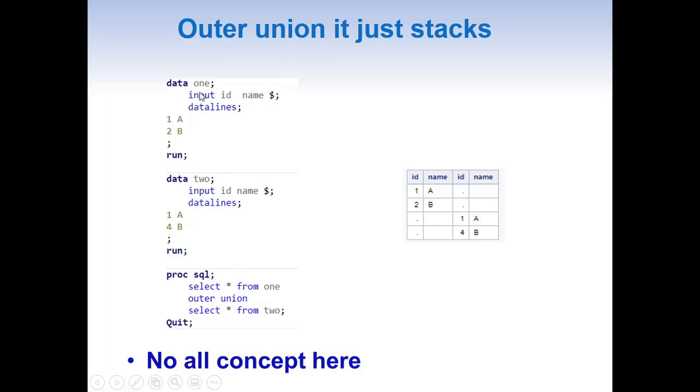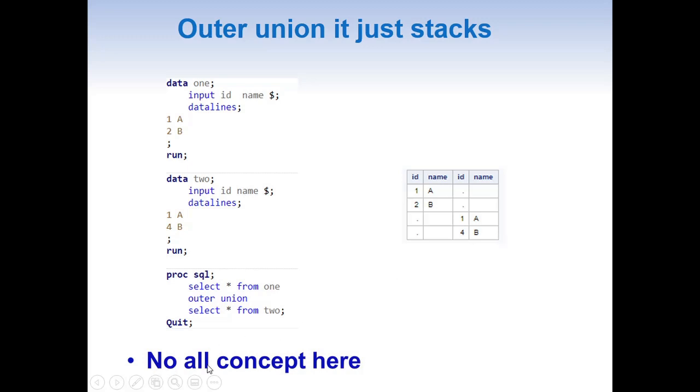Again, I have the same two data sets. Instead of union, I am using outer union. What this does is it just stacks, it just appends. But if you see, it does not understand anything. All it does is set up the values for the first data set and then set up the values for the second data set as shown here.